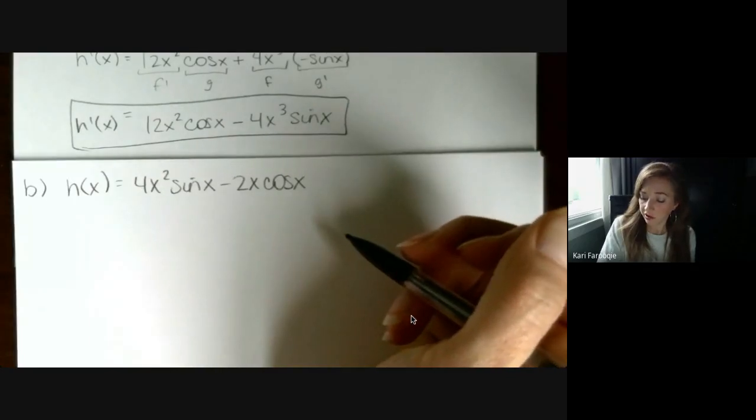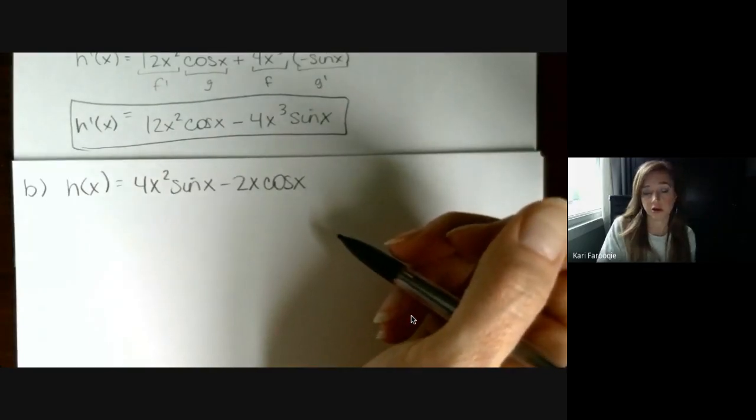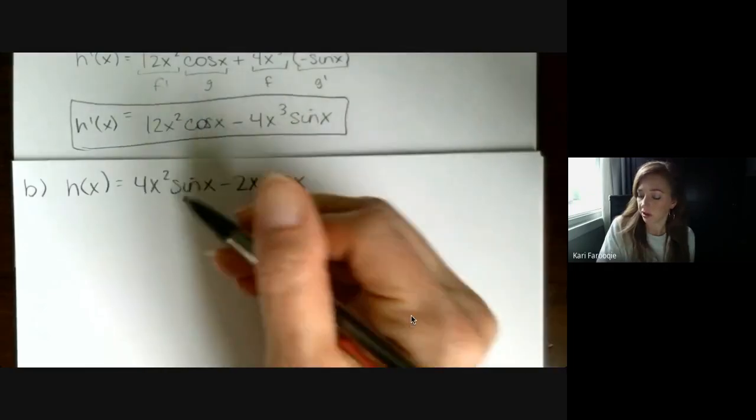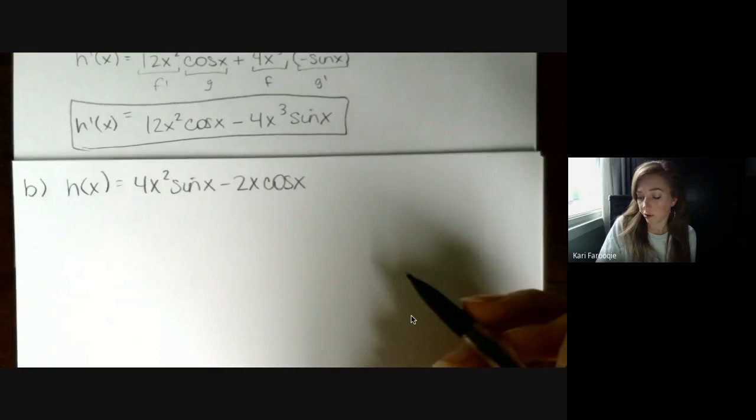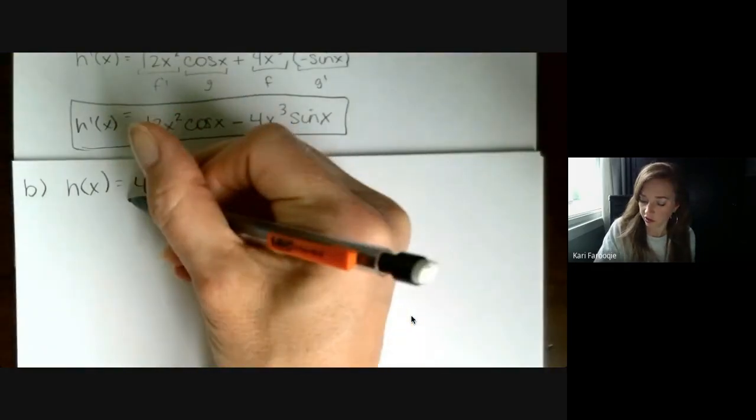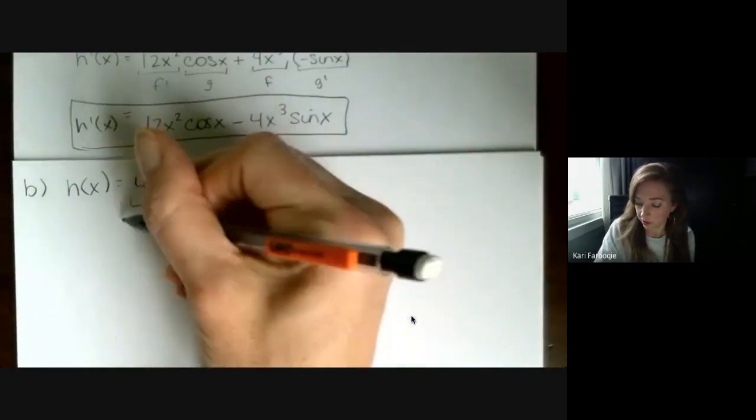So you're going to need to notice here that you're going to need to use the product rule 2 times because each one of these terms has a product in it. So it's kind of up to you how you want to label this. But if you want to just take the derivative below it, that's fine.